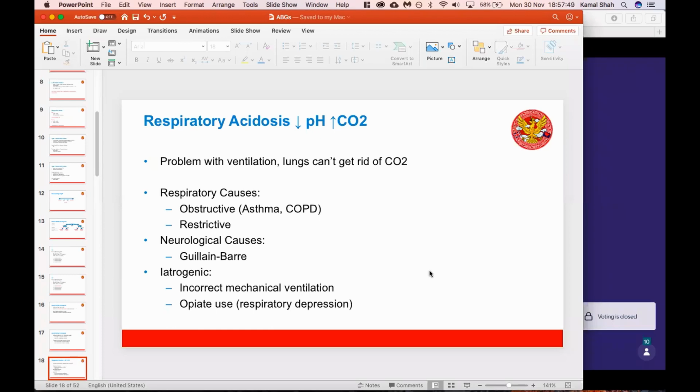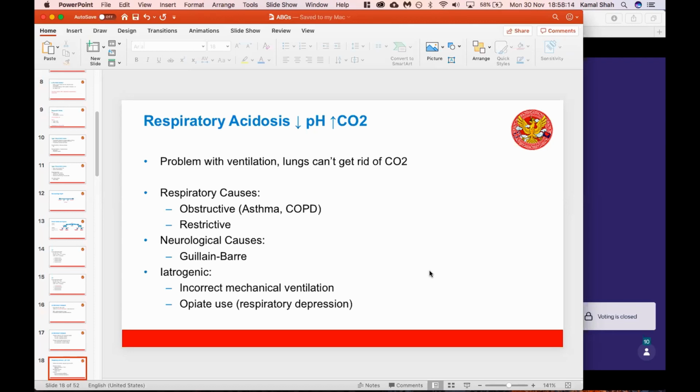Respiratory acidosis, okay? If we think about this logically, we've got a problem with the ventilation because the lungs simply cannot get rid of this carbon dioxide. So therefore we're going to have a low pH and a high amount of carbon dioxide. Again, if we break this up into respiratory causes, neurological causes, and iatrogenic causes. Obstructive, I've already talked about.